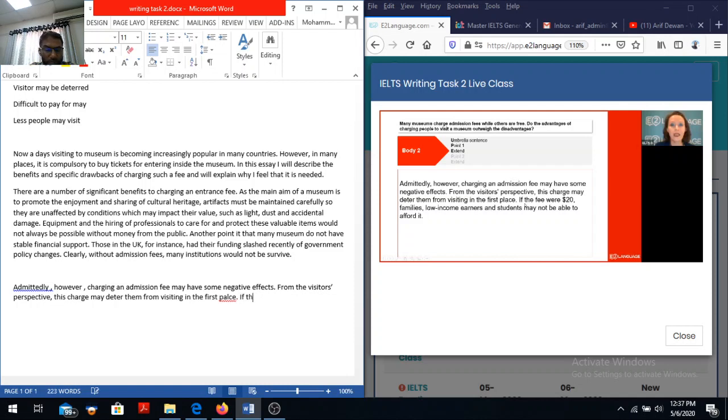If the fee were $20, families, low-income earners, and students may not be able to afford it.